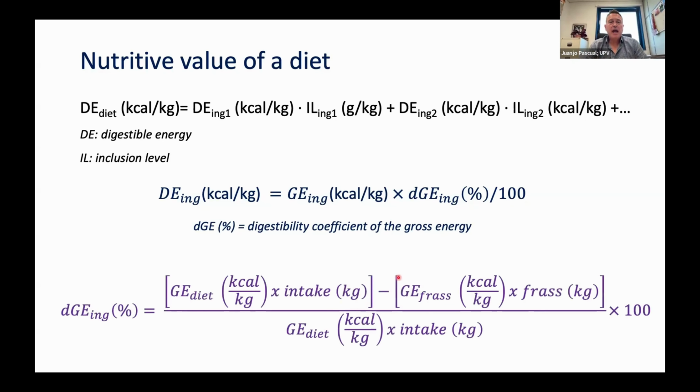The apparent energy digestibility coefficient for this ingredient is determined as the gross energy ingested minus the gross energy excreted, all divided by the gross energy ingested. If we want to express this as a percentage, everything must be multiplied by 100.